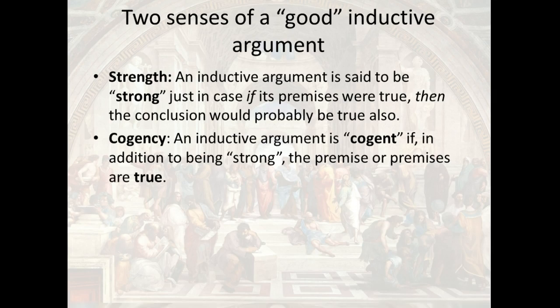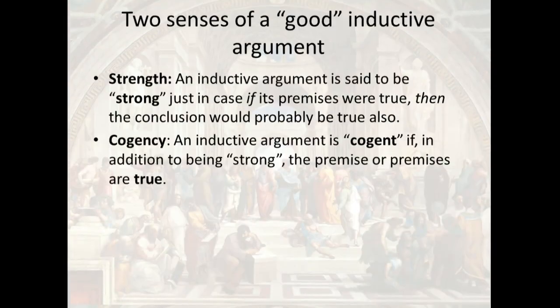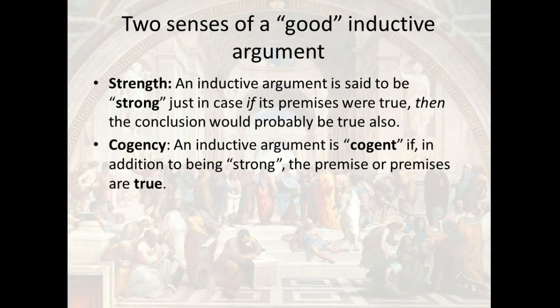Okay, but I don't want to go that far yet, because it's not enough for the stated premises to be true. That's a step, but there's at least one other thing you need to check in an inductive argument. The set of premises of the argument must meet the total evidence requirement, which demands that all relevant evidence be taken into account when one attempts to draw the conclusion.